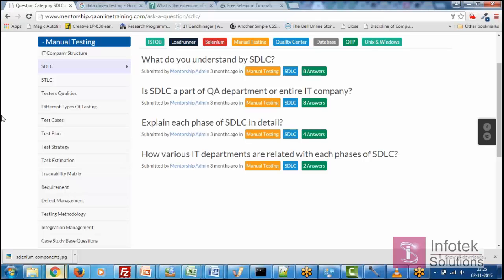Next is the defining phase. In this, the business analyst team, this department, works. These people interact with the project managers, with the client, and with the technical team as well, getting the requirements and time estimations: how much time it is going to take, and when we will be able to deliver this particular module.